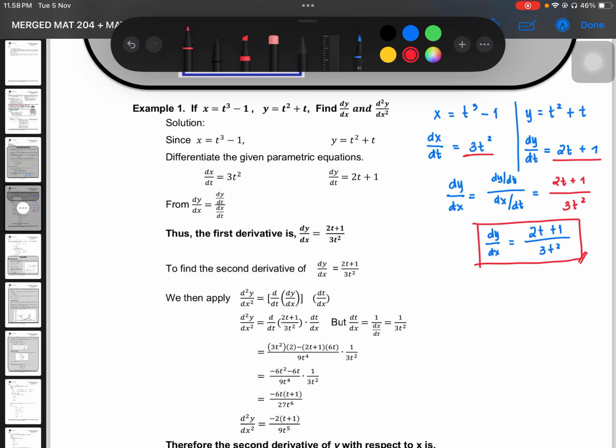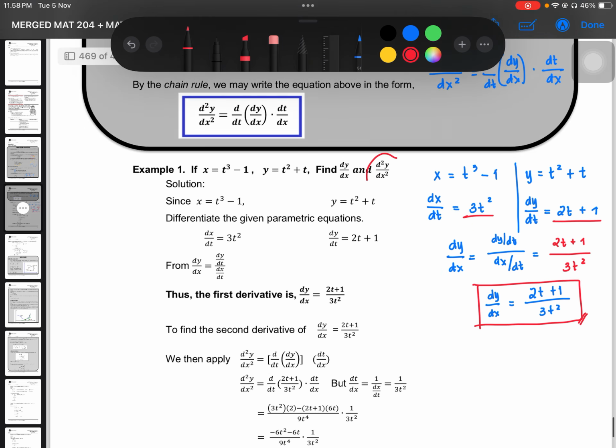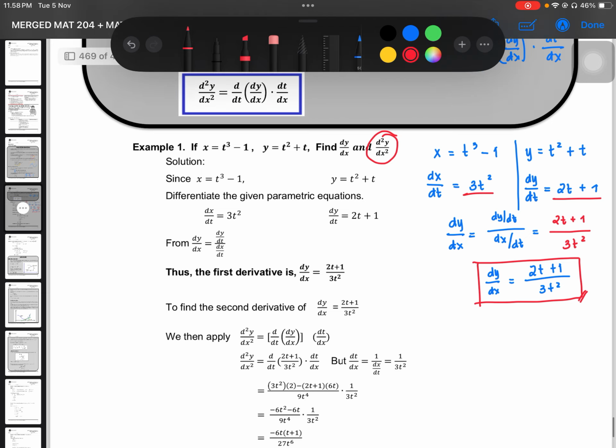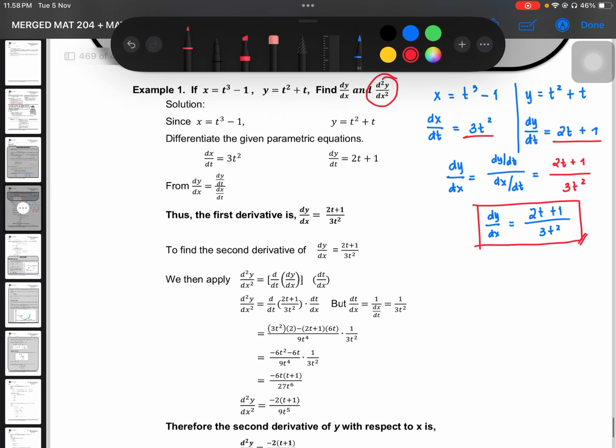Okay? But, take note, the question is also find the d squared y over dx squared or the second derivative. So, sabi sa atin dito, the solution is that you get the derivative of the first derivative. So, we have d squared y over dx squared.